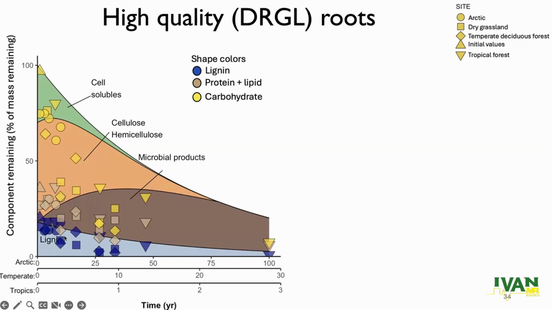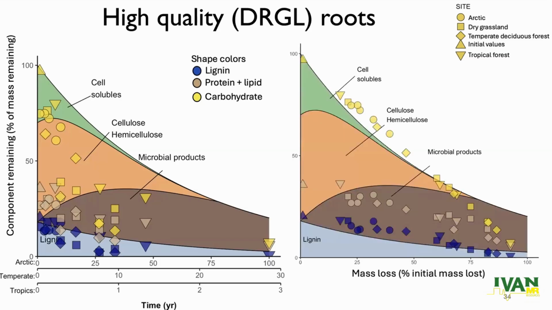So lignin is here in blue, proteins plus lipids, being sort of microbial stuff, in brown here, and then the carbohydrate in yellow. And you can see it kind of following this figure in general. But another way to think about this is, as I just said, everything seemed to be organized by mass remaining more than time.